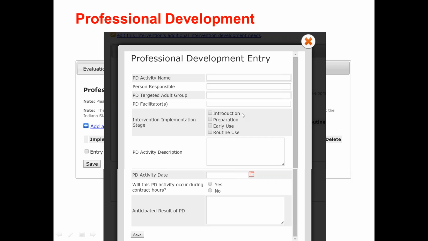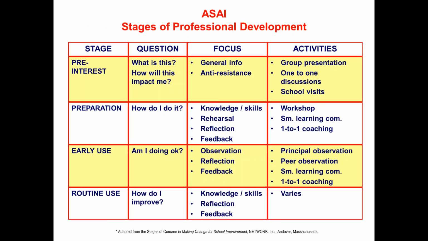Or are people already aware of the intervention and now we just need to help them prepare for how to deliver that intervention? Or are they trying it for the first time and now they need some feedback about how they're doing? Or is this routine use and now we're just fine-tuning that intervention? So professional development activities can have several different focuses.